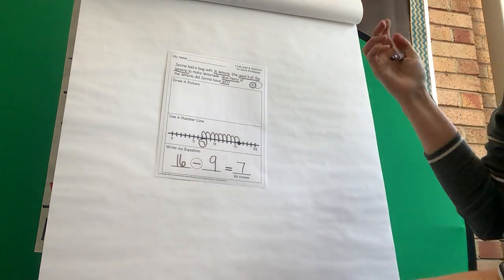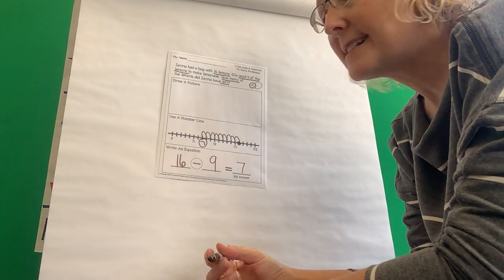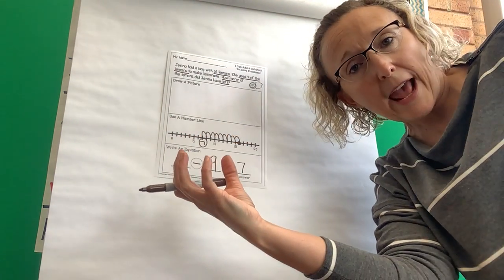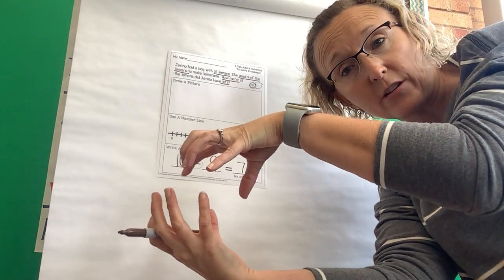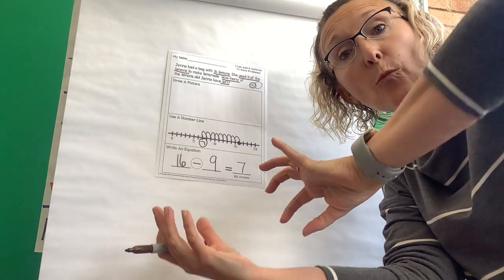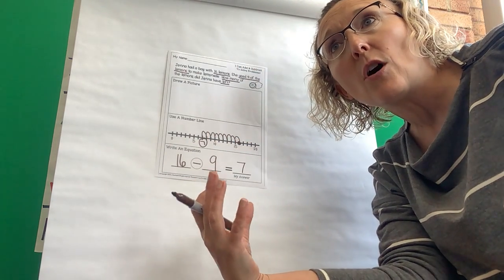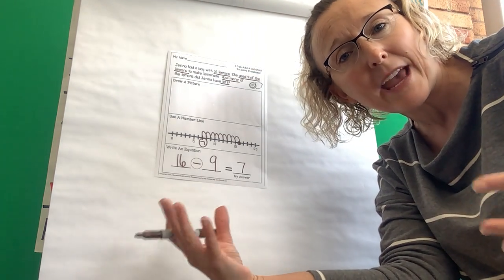Now I need to draw a picture to show what happened. When we have a some went away problem, you need to draw all the whole that you started with, and then cross off the ones that went away. Because if you only draw what's left, you cannot see the whole story in the picture.